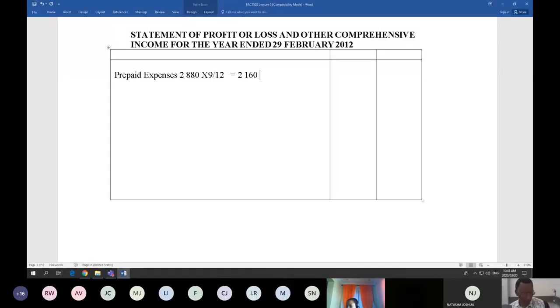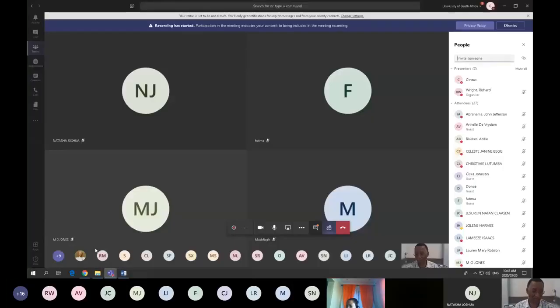This next adjustment, adjustment number 2, remember now our approach. Our approach is that we first just go through all our adjustments. The second adjustment tells you that at the end of the financial year, on the 31st of March 2010, stationery to the value of 1,500 Rand was still on hand.